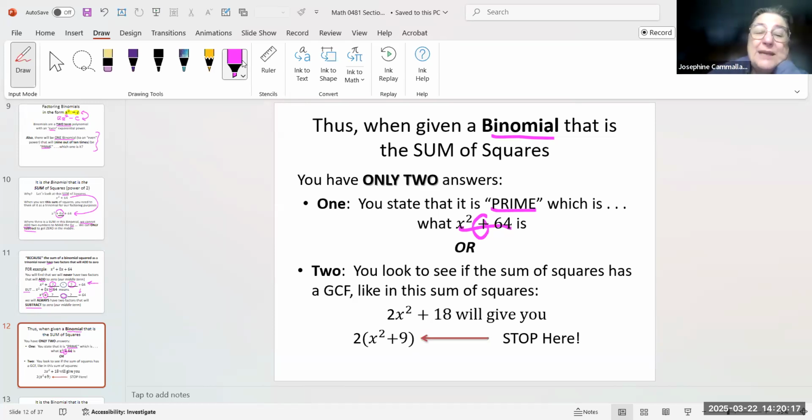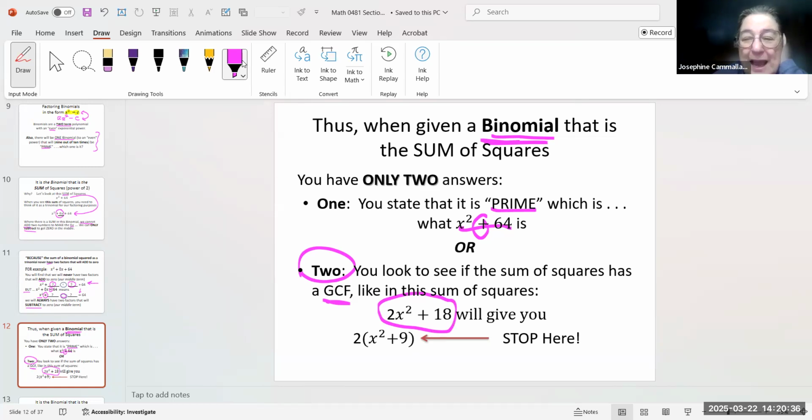But there is a second possibility. You have a GCF. Now, this is a binomial. It's got a plus in the middle. But look at the number in front of x squared, that a term.